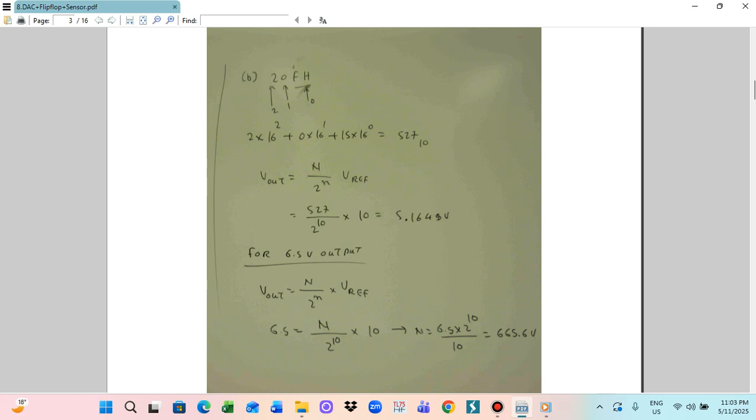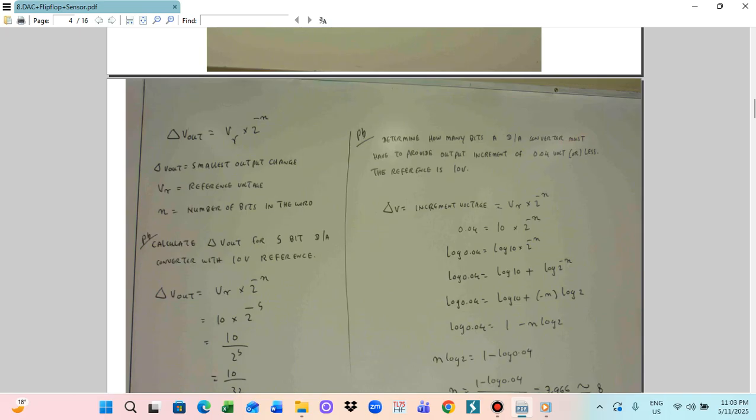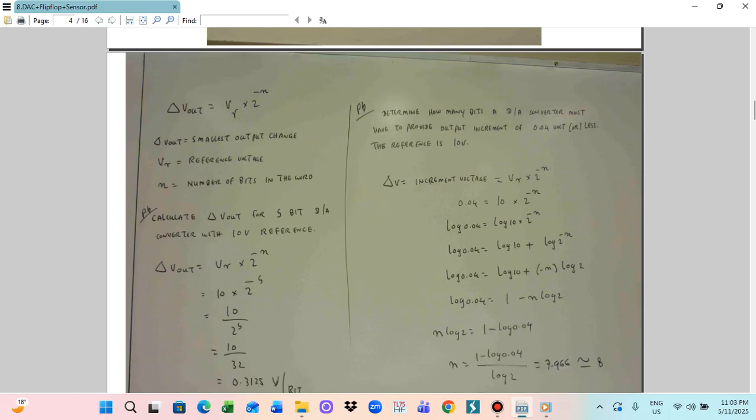Okay, another one will use output change. The change of the output voltage and the reference voltage are related by a formula. The formula is delta VR, the smallest output voltage change, is equal to VR multiplied by 2 power minus n. So this is the equation. Delta VR means the smallest change in the output voltage, the smallest output change.